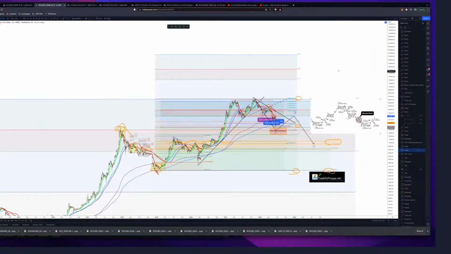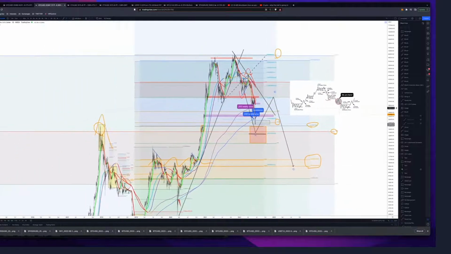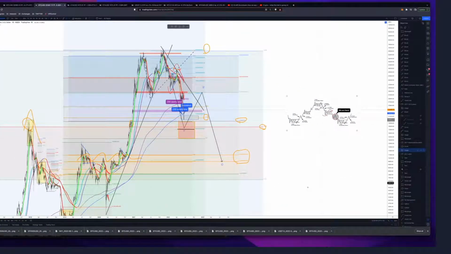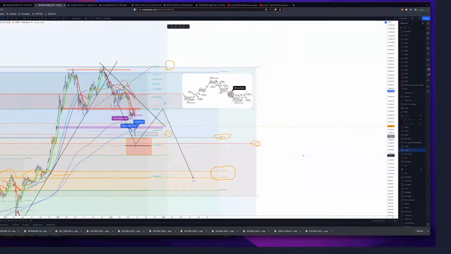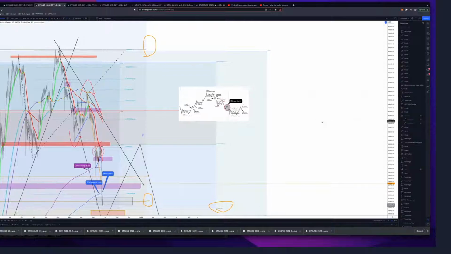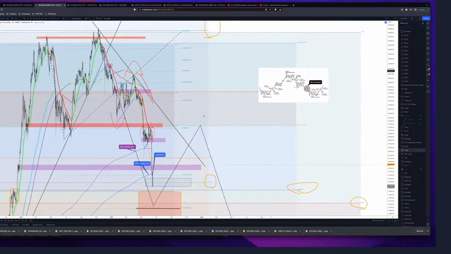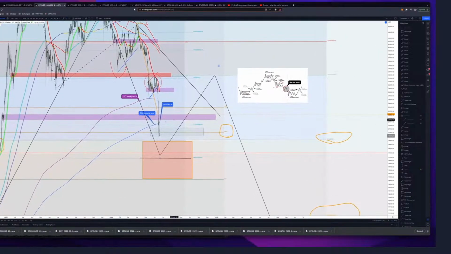So bring back to this initial cycle, because it's easier to explain, I suppose. Let me just fix it up so you can see it a bit more. So we have our resistance level, which is the 200.